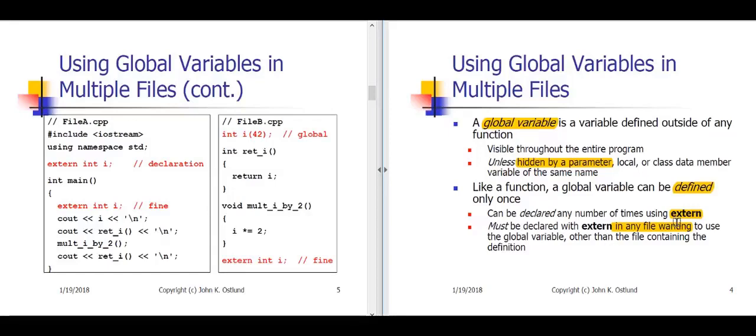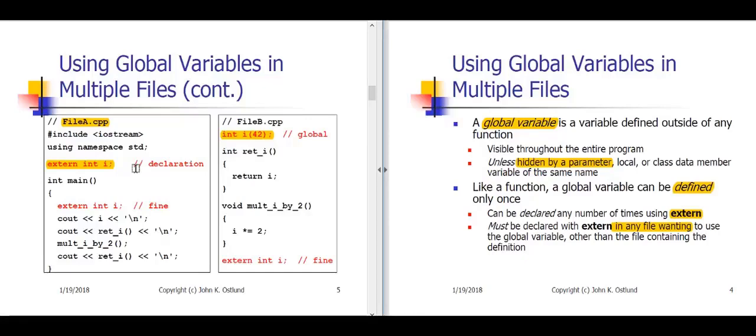Here on slide 5, we've declared i as an int initialized with 42. i is a global variable here because it's defined outside of any function. And in order for i to be accessible in some other source code file, here we have file a.cpp on the left side, in that other file we have to use the declaration extern int i.